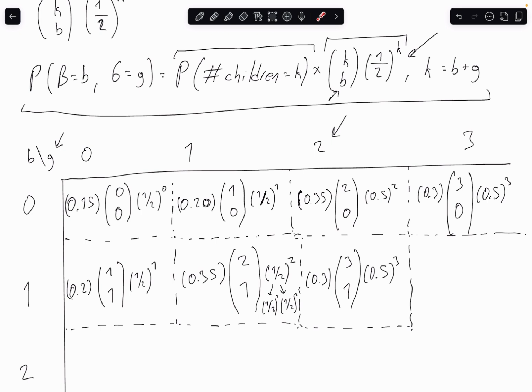The upcoming part will be 0 because we cannot have 4 children in total. That's why it's 0.